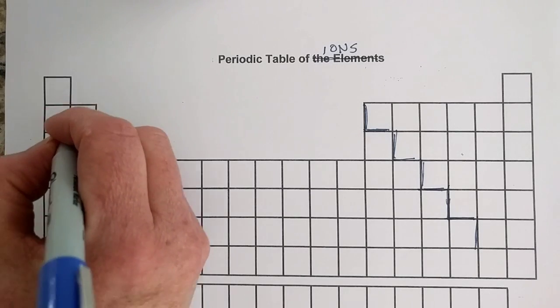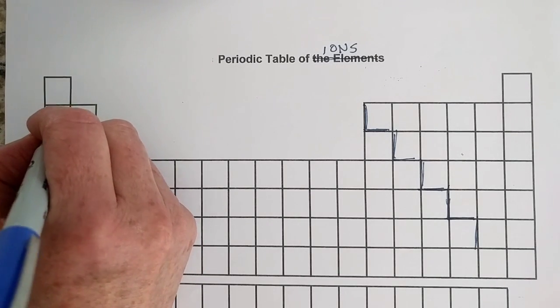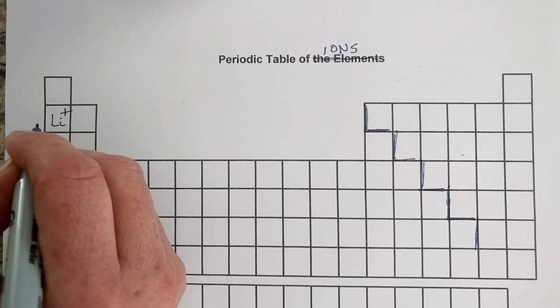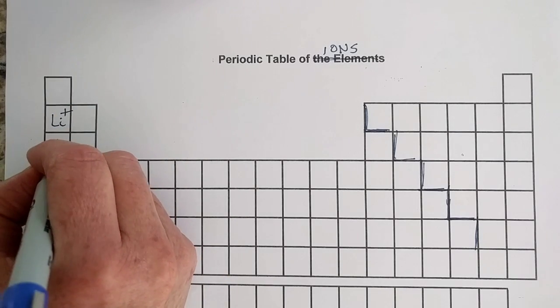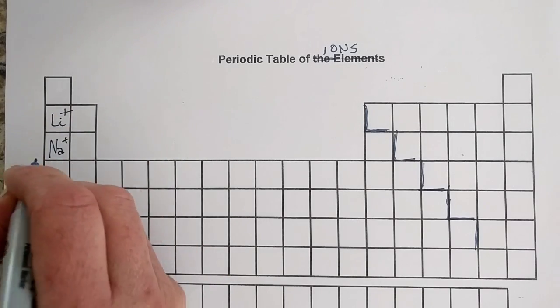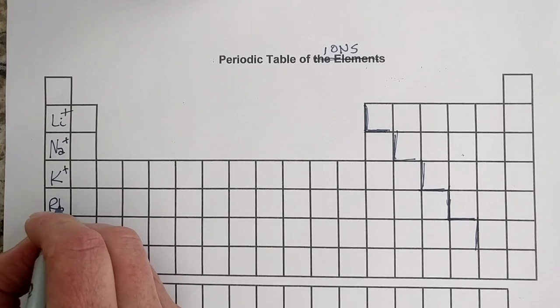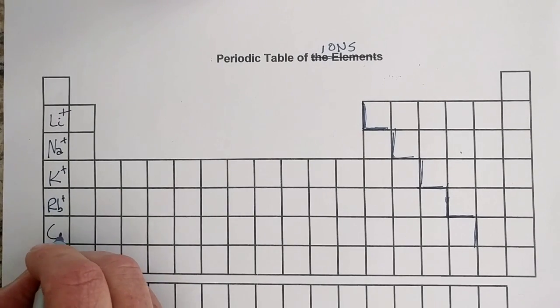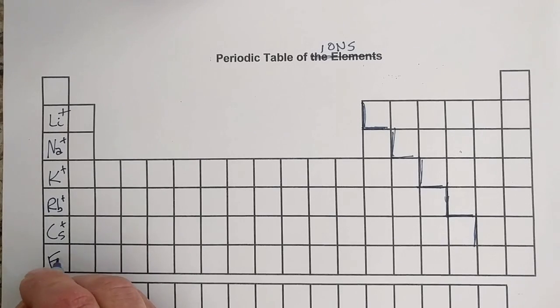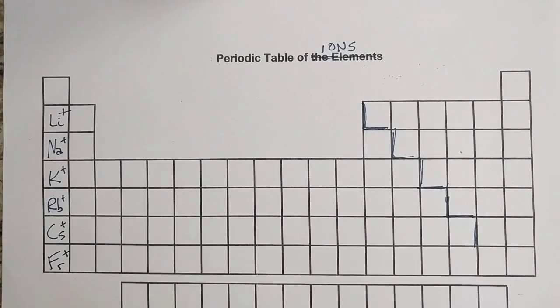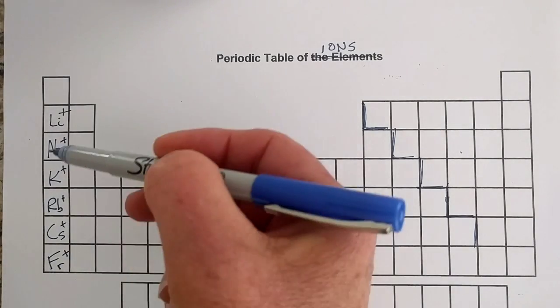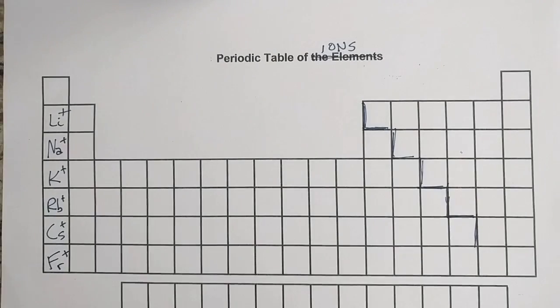Hydrogen's an exception to a lot of different rules. So we have lithium with a +1 charge, sodium +1, potassium +1, rubidium +1, cesium +1, and francium +1. So if we have an ion, a metal, in group 1, it's always +1.